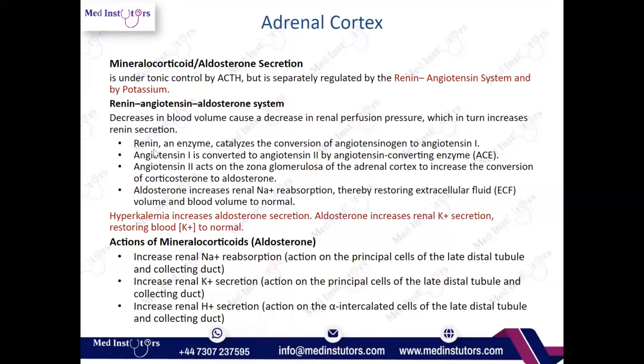Now how would this be processed further? This one is now converted into angiotensin 2 under the action of this enzyme, and they may ask you where this process is taking place. Please tell me, where in the body is angiotensin 1 converted into angiotensin 2 under the action of ACE, or angiotensin converting enzyme?